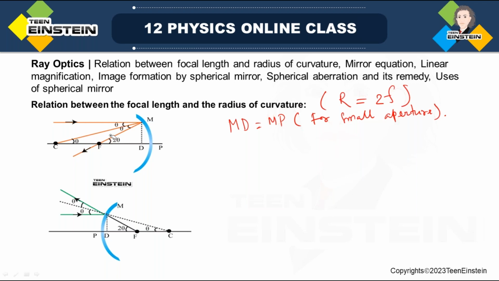Now just see this figure here. If this total angle is theta, by the same geometric consideration we can say this MFD is 2 theta.